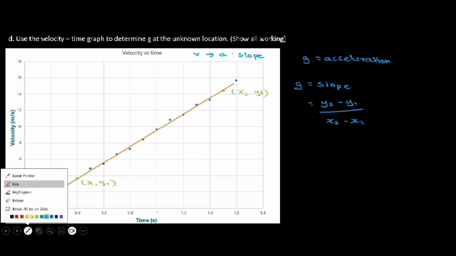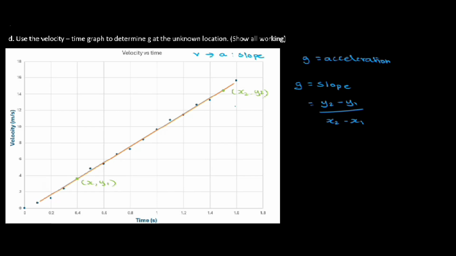So now let us determine the values of my x1, y1 and x2, y2. x1 over here is 0.4 and y1 is 3.60. x2 on the other hand is 1.5 and y2 is 14.40.